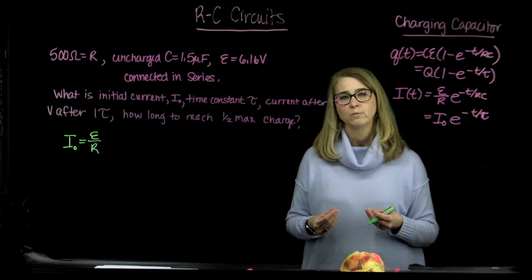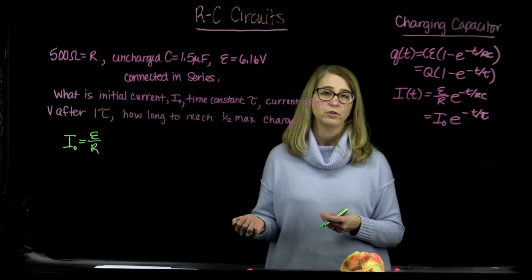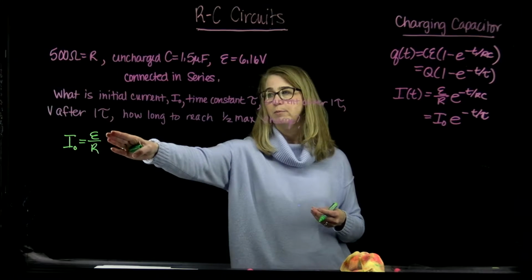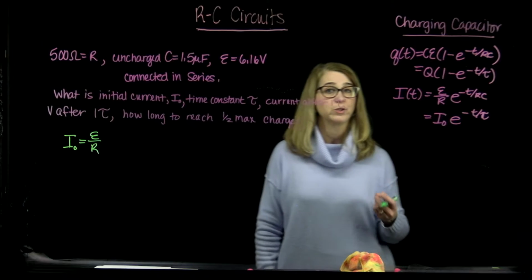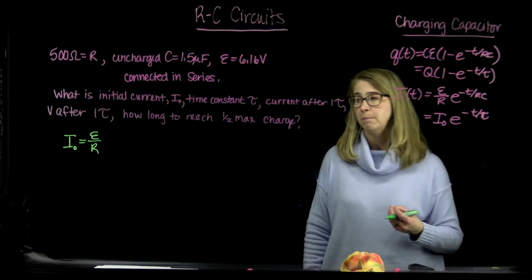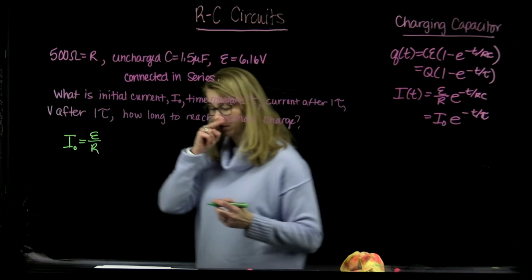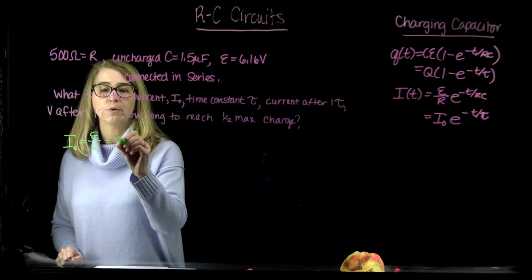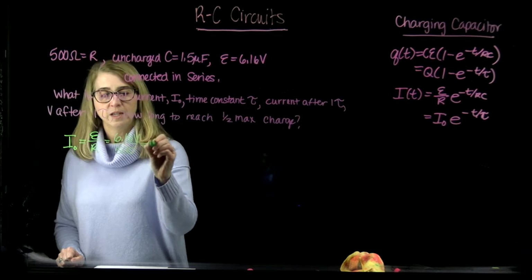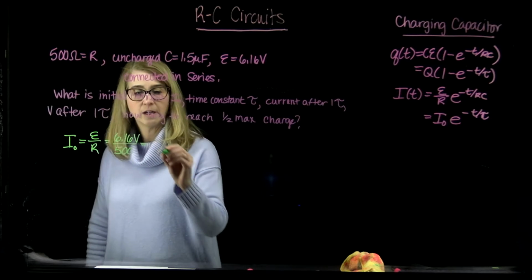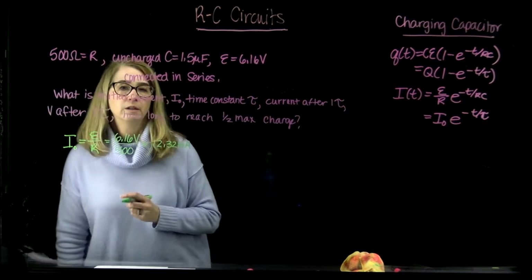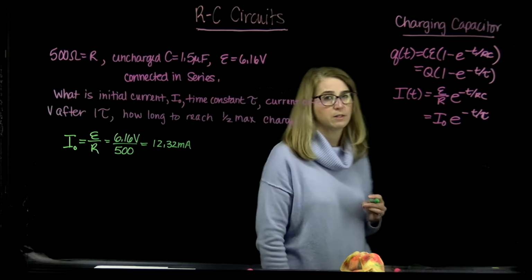Using Ohm's law and knowing the potential difference of the battery, we can solve for the current. It's the potential difference of the battery, which is the same as the potential difference across the resistor the instant we begin, divided by the resistance. So for this, we do 6.16 volts divided by 500, and I get an initial current of 12.32 milliamps. Milli would be 10 to the minus 3.